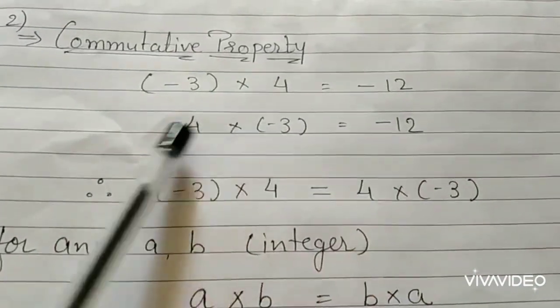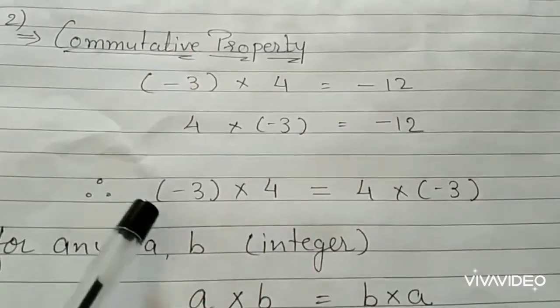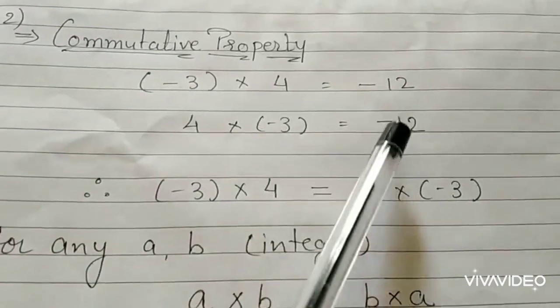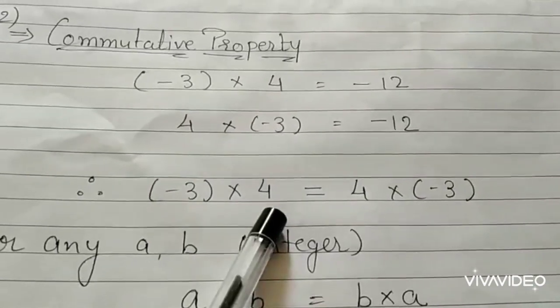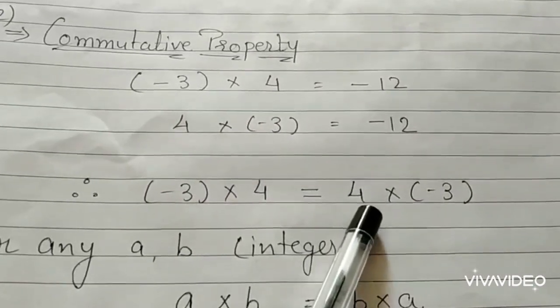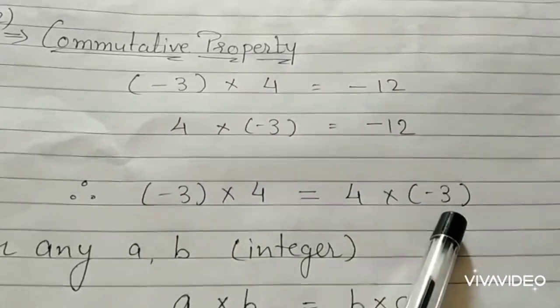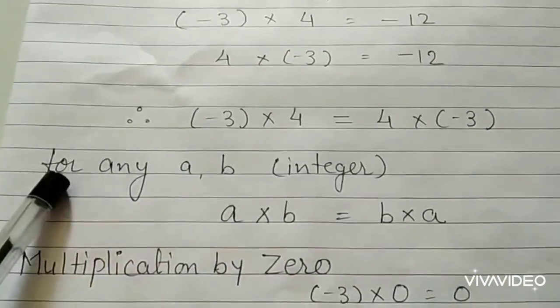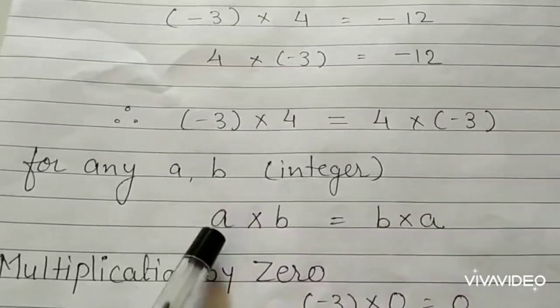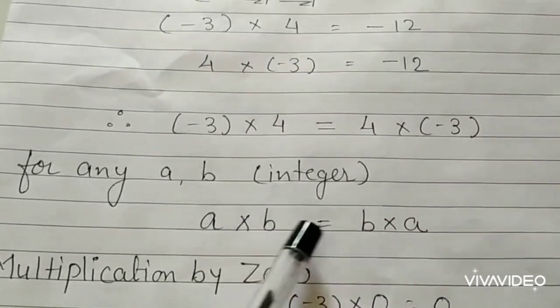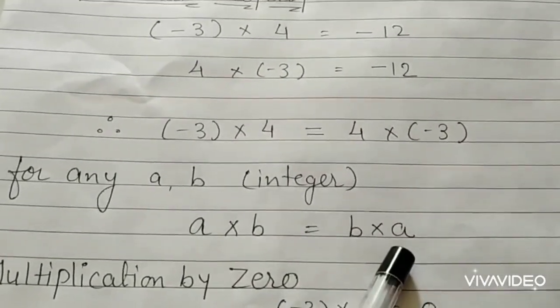So we can see that if we change the order, we still have the same result. So minus 3 multiplied by 4 is equal to 4 multiplied by minus 3. In general, for any integers a and b, a multiplied by b is equal to b multiplied by a.